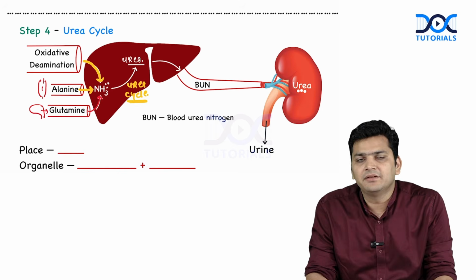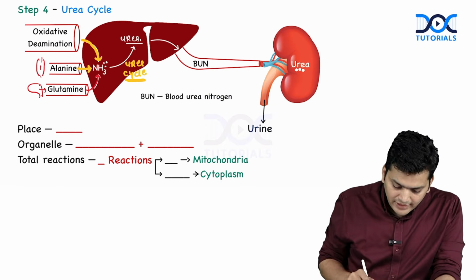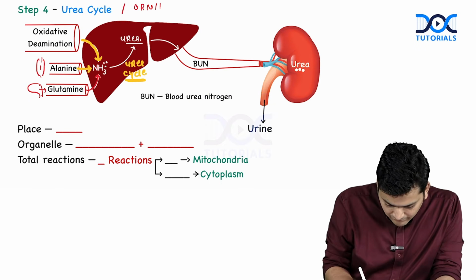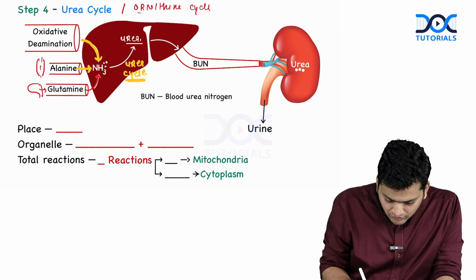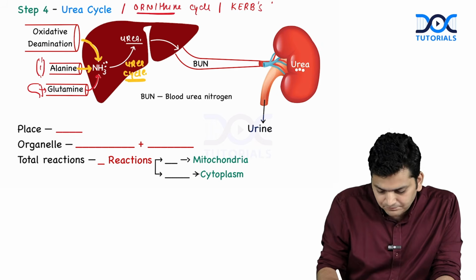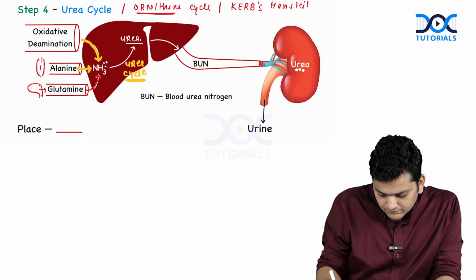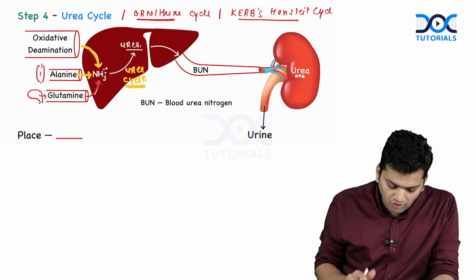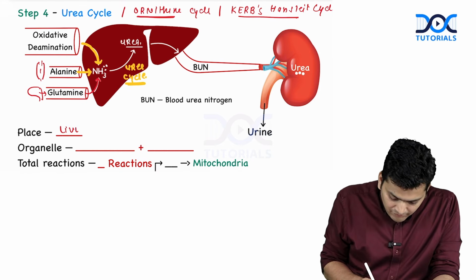So now we will see the details of the urea cycle. The urea cycle is also called the ornithine cycle. It is also called the Krebs-Henseleit cycle. Where is it going to occur? The organ is the liver.